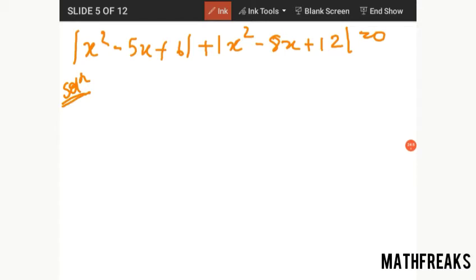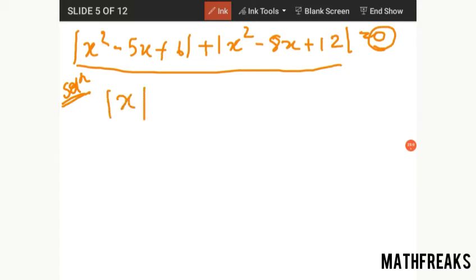Now see, this equation is equal to 0. One thing that I have been telling you is |x| will always be a positive quantity.